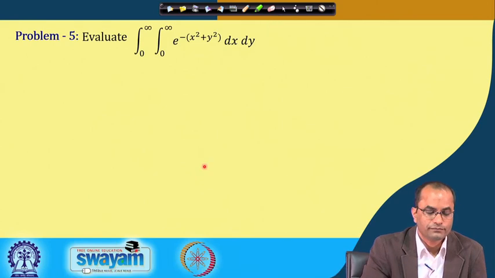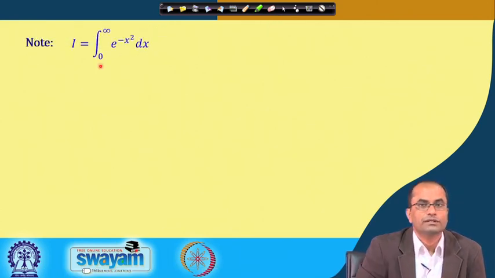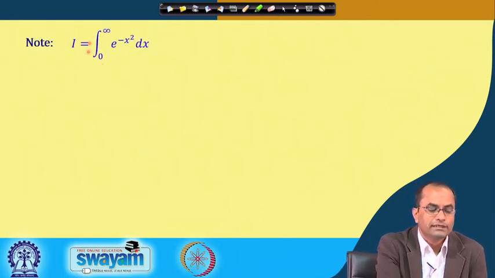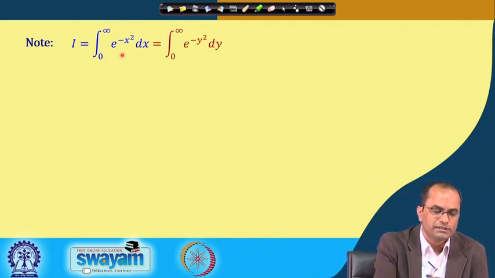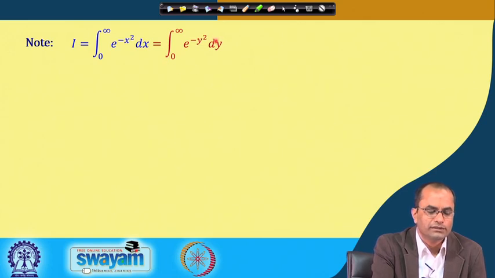Here just a note, based on the above example, if we consider this I, 0 to infinity e power minus x square dx, which is equal to another integral I am considering in terms of y.